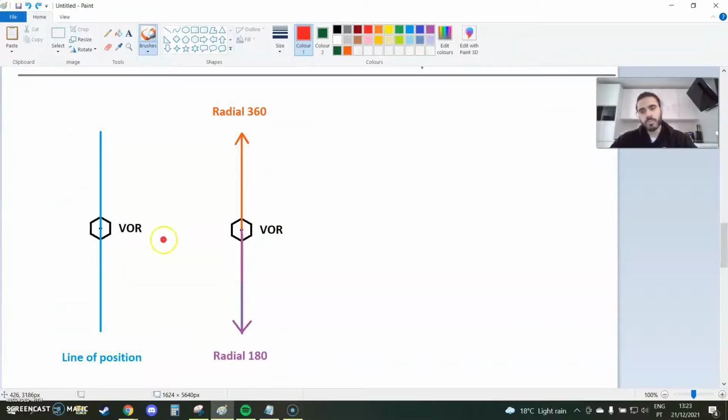Then let's speak about a line of position that passes right over a VOR in a certain magnetic direction. I can divide this line of position into two lines of position, which are called radials. What is a radial? Basically, it's a line of position that radiates from a station. It can be a VOR, TACAN, or just a TACAN.